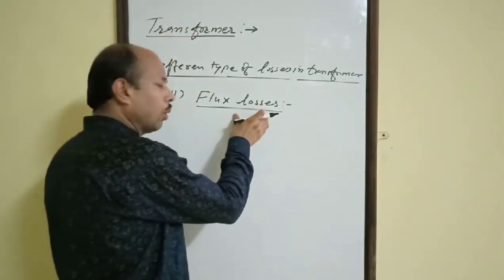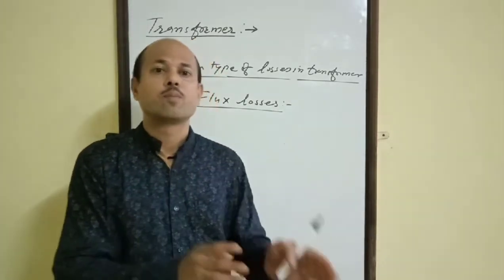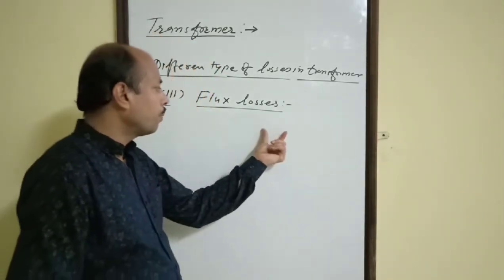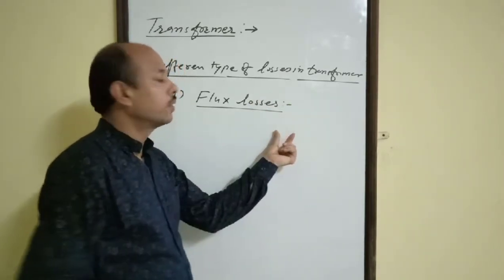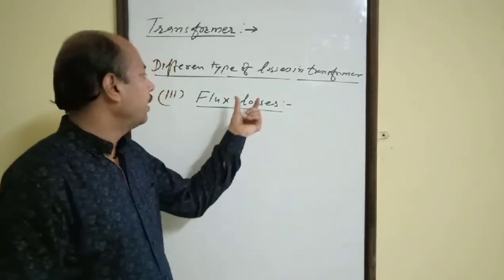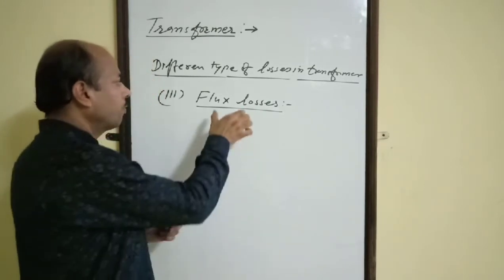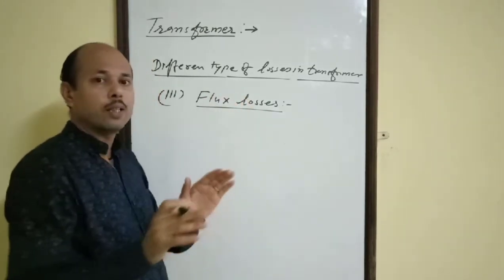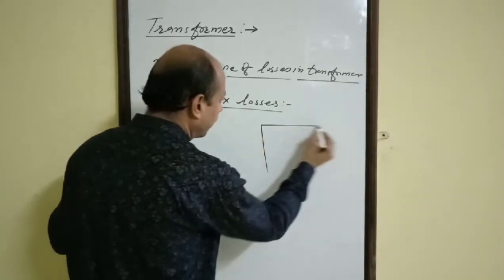This flux loss can be minimized by using perfect coupling, or we can say by winding one coil over the other. Therefore, there is no gap between the two coils, and in such cases flux loss can be minimized. I am representing this by a diagram.